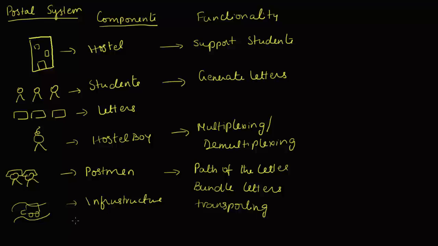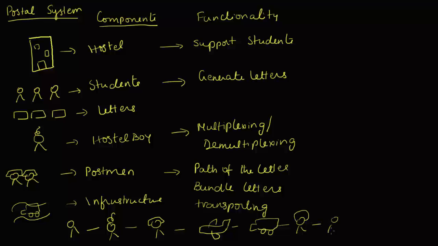So the actual path of the letter, it goes from the student to the office boy to the postman, maybe over an aeroplane, and then maybe a truck, all the way to another postman who is going to deliver it to the person at the other end.